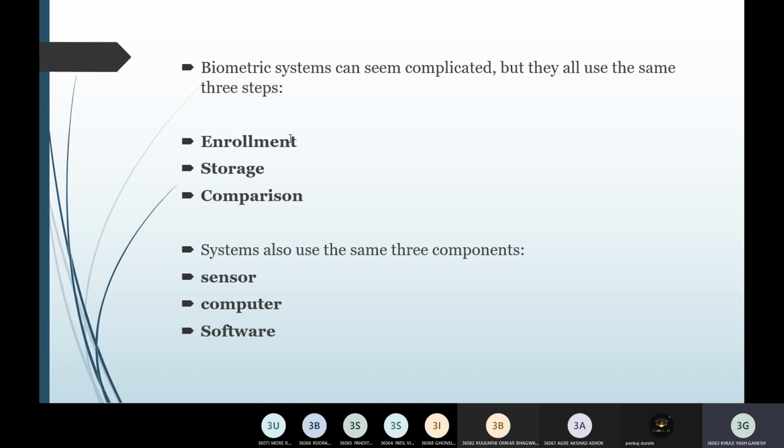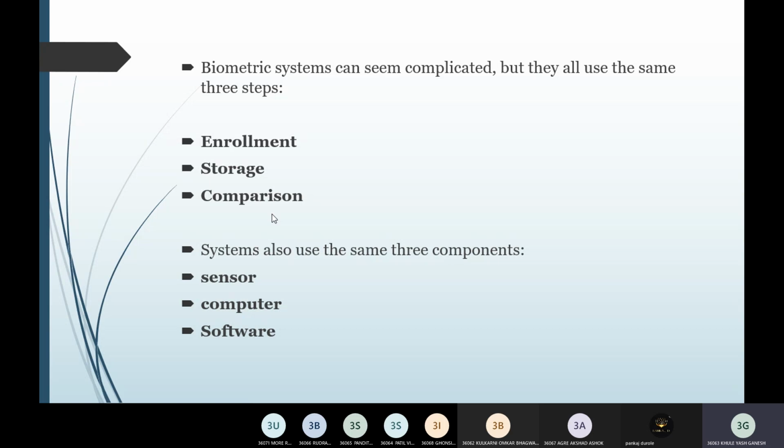They instead analyze the traits and translate them into a code or a graph. Some systems also record this data onto a smart card that you carry with you. Third, comparison. The next time you use the system, it compares the traits you present to the information on file. Then it either accepts or rejects your claim to be who you claim to be.